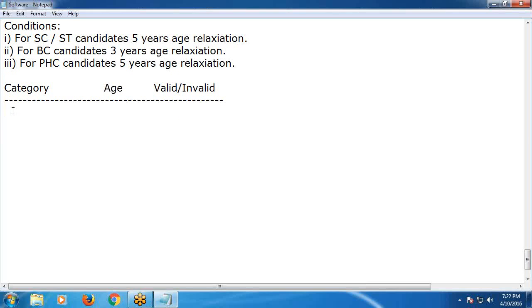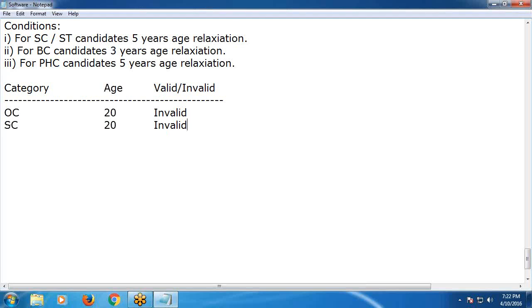Suppose first one, candidate OC, age 20. Observe, Rahman, pass or fail, valid or invalid? Invalid. Next, SC, age 20, invalid only.